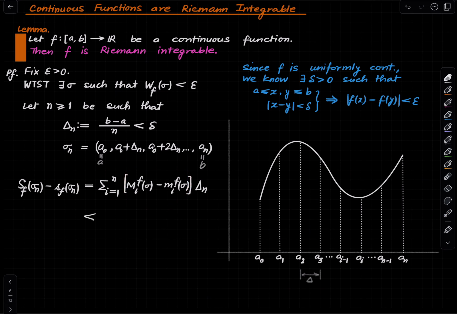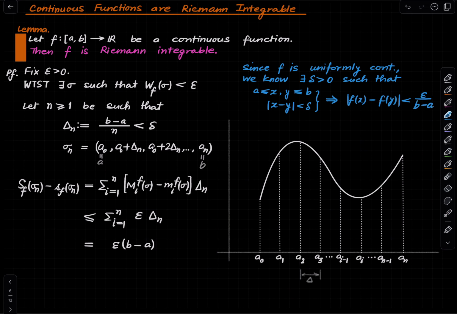So this is at most epsilon delta n. But because of the summation, this is epsilon times b minus a. If you sum up delta n, you get b minus a. So the upper sum minus the lower sum is less than or equal to this quantity, but epsilon was arbitrary. Just to fix this small scuffle, I'll write epsilon by b minus a here.